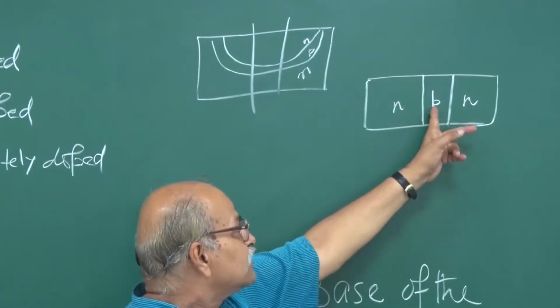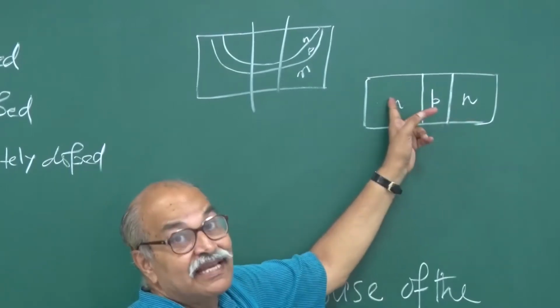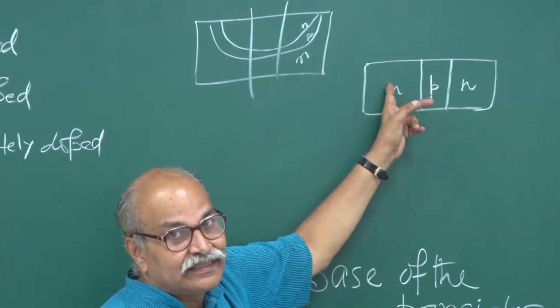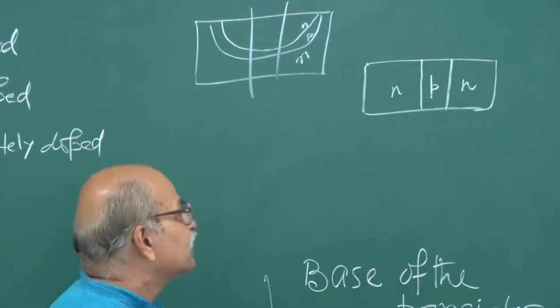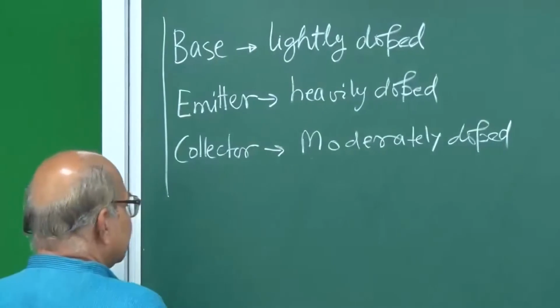Regarding doping level, the base is very lightly doped, one of the other two, the emitter, is heavily doped, and the other is moderately doped. The second is the geometrical parameter, the thickness.